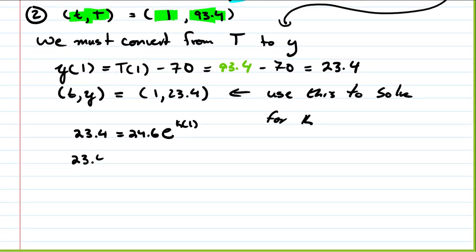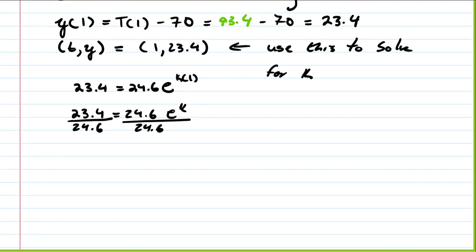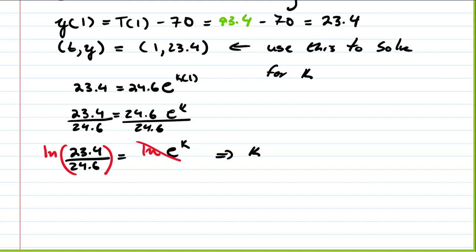So 23.4 is equal to 24.6 e to the k. We divide by 24.6 on both sides. So we have 23.4 over 24.6 is equal to e to the k. So we take the natural logarithm of both sides to undo the e. They reduce out. And that gives us that k is equal to the natural logarithm of 23.4 over 24.6.